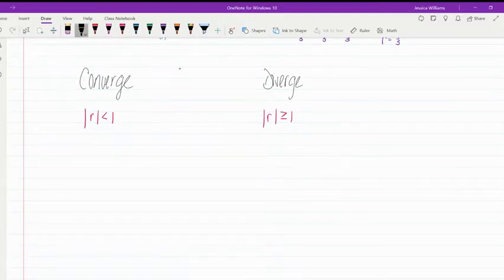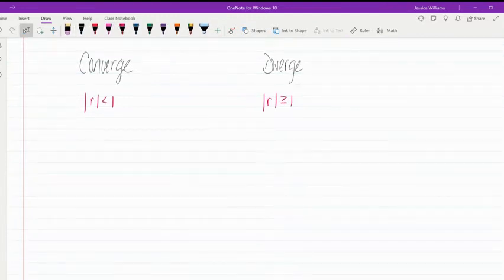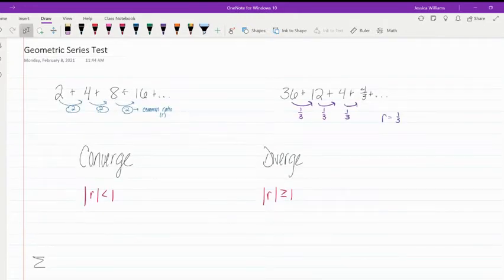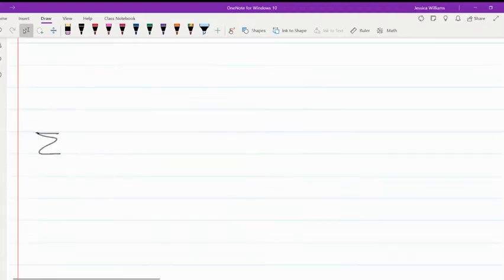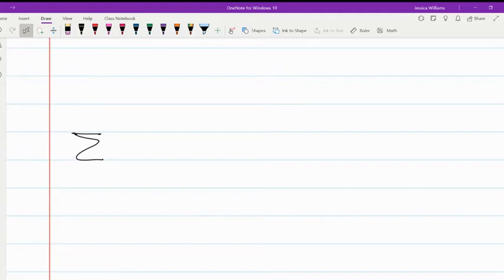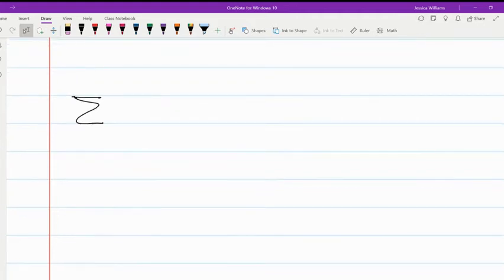So my tip for you is to list terms. These two, the ones I started with, were fairly simple to decide that they were geometric because I already had the terms written out. But geometric series can hide inside of summation notation, and it's harder to see that they're geometric. So let's look at this one.